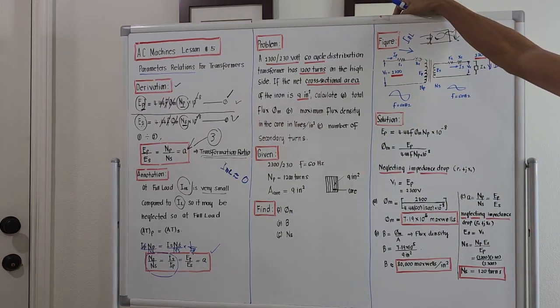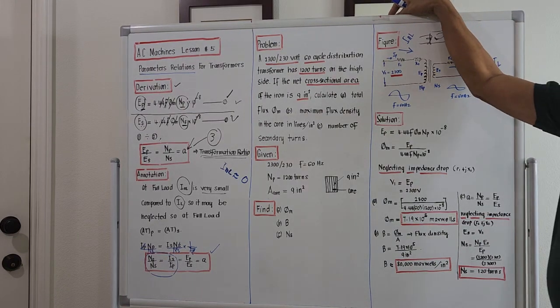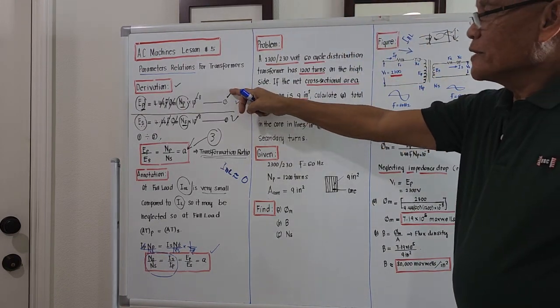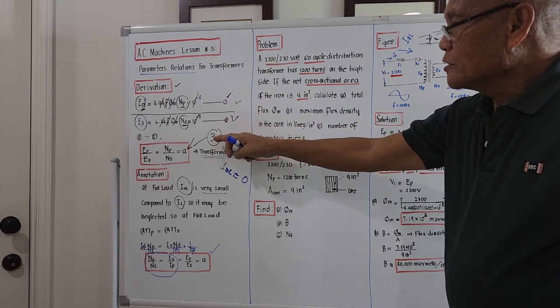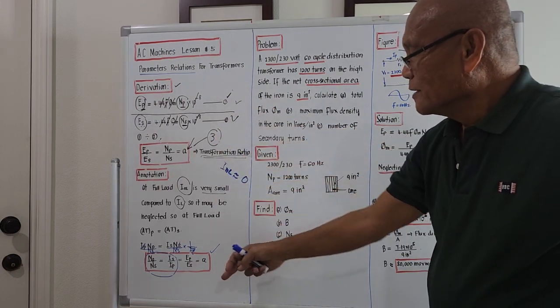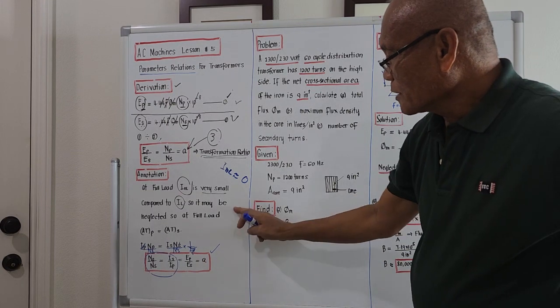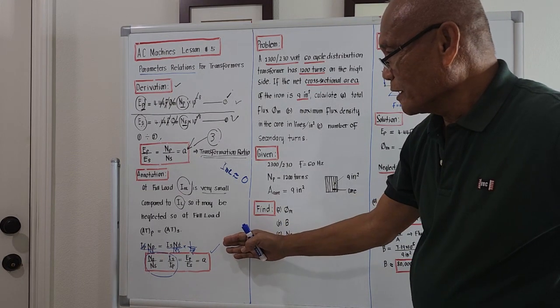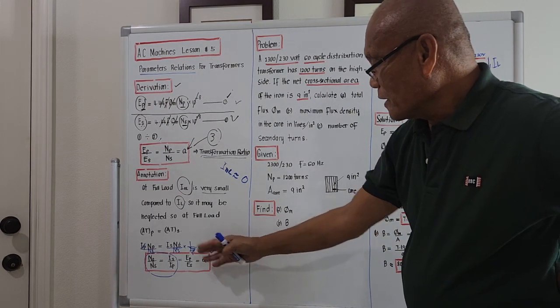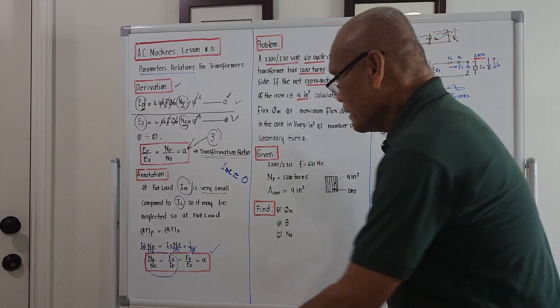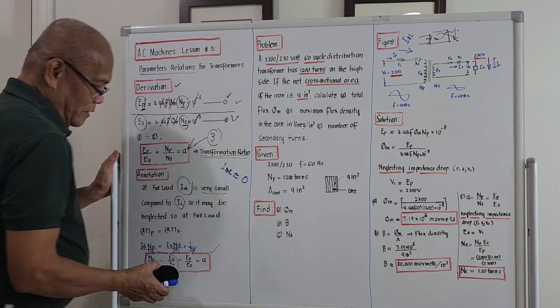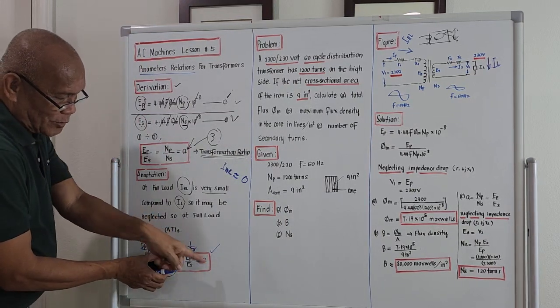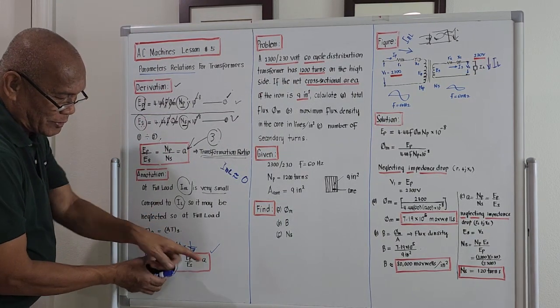So actually, we got only three formulas. The induced voltage on the primary, secondary. This will be the third one, but this one can be placed here. So this will be the third one actually, and the third one is a long one because we got three equations. If we know the value of EP over ES, we could compute the ratio transformation.